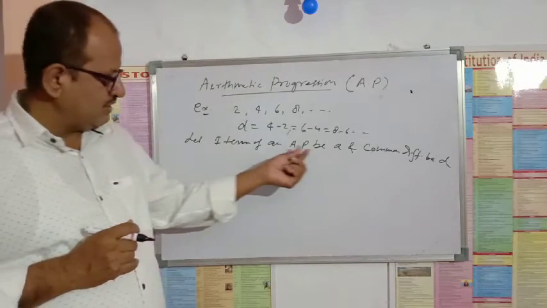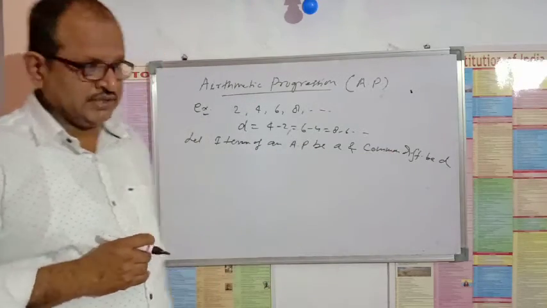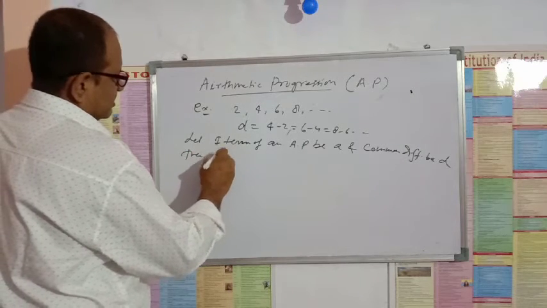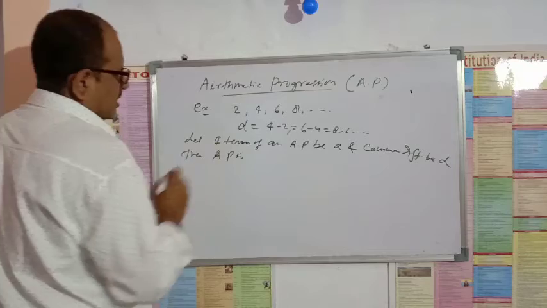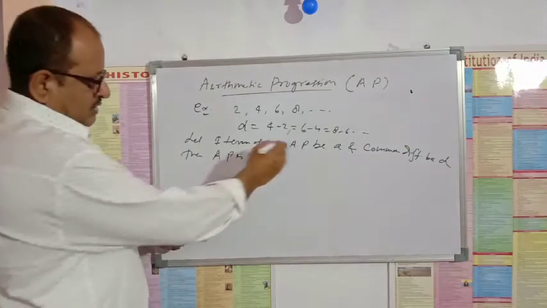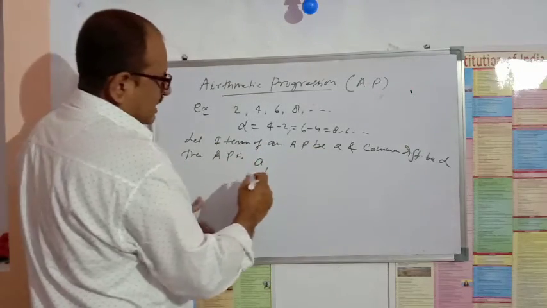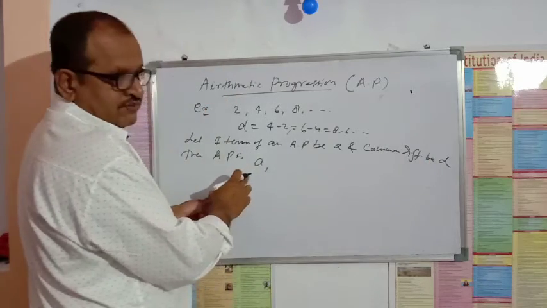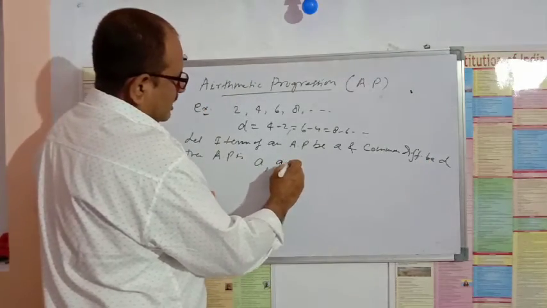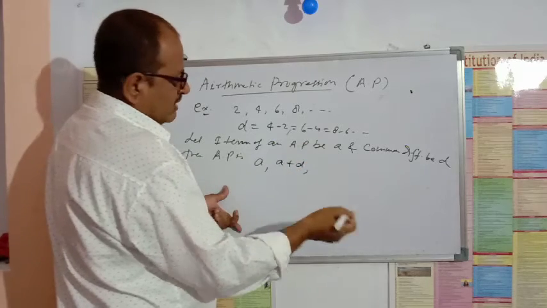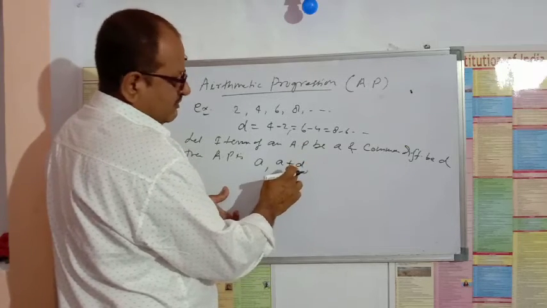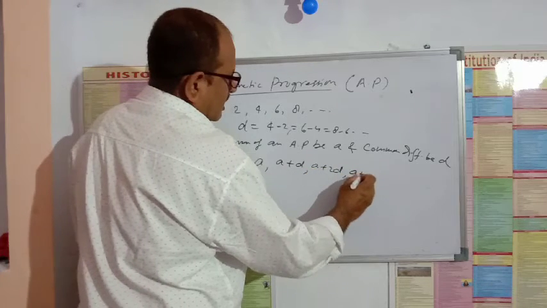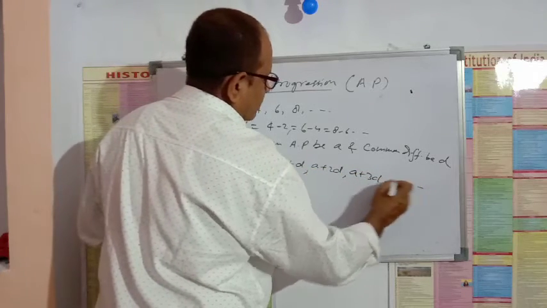How can we write the AP? The first term is a. The next term we get by adding the common difference to the previous term, so it will be a + d. For the third term, again we add the common difference to the previous term, so it will be a + 2d, then a + 3d and so on.